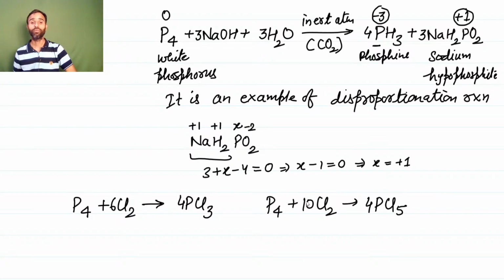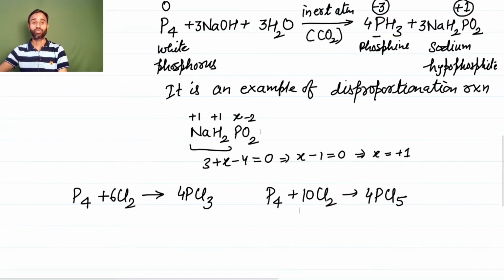P4 plus 6 Cl2 to give 4 PCl3, P4 plus 10 Cl2 to give 4 PCl5. Okay, yes, so it is about white phosphorus, or we can say yellow phosphorus.